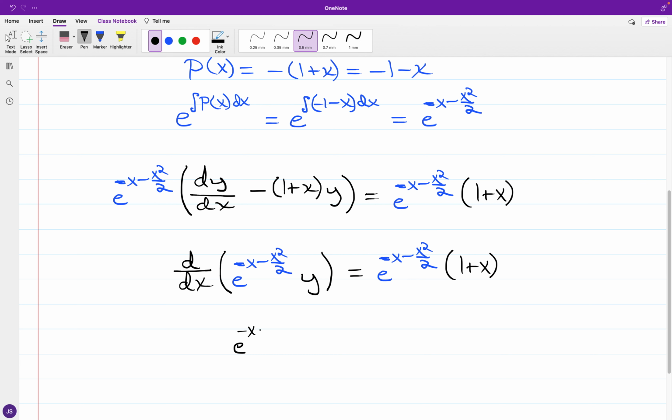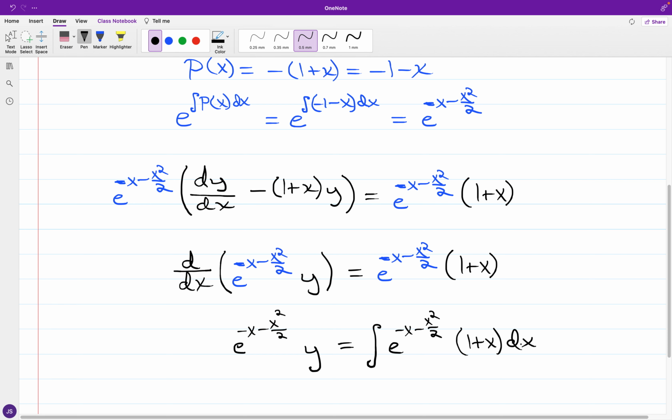So we have e to the negative x minus x squared over 2 times y is equal to the integral of e to the negative x minus 1/2 of x squared times the quantity of 1 plus x dx.